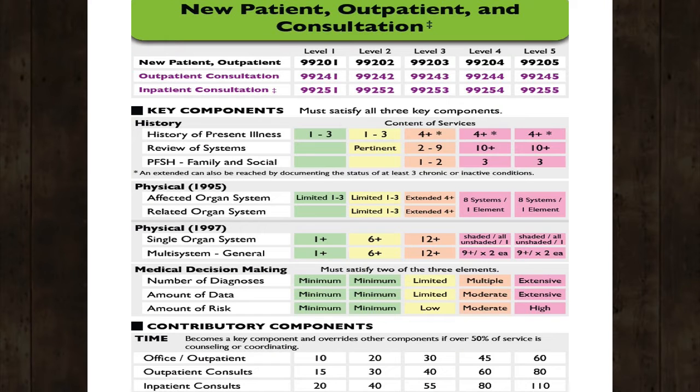So now let's take a look at what we have. Here we have on a level 4, we needed the detailed, complete. So we have the numbers, 4 plus, 10 plus, and 3 plus.